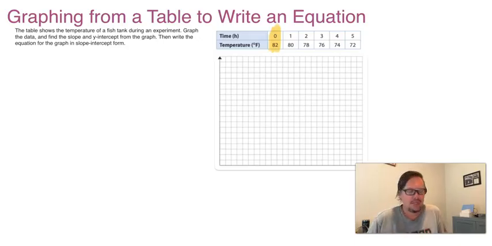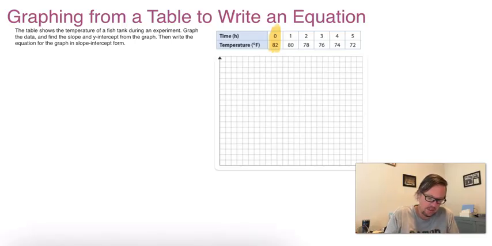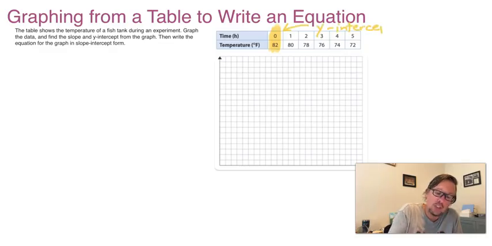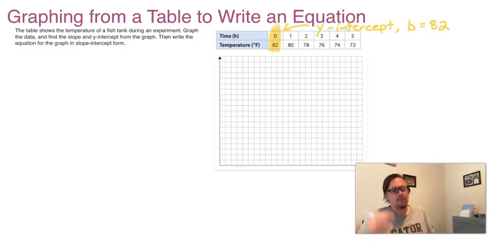That's the y-intercept. The y-intercept right there is going to be 82 degrees. So I'm just going to go ahead and mark that right off the bat, that this is the y-intercept, which means whenever I write my equation in slope-intercept form, my b value is going to be 82.